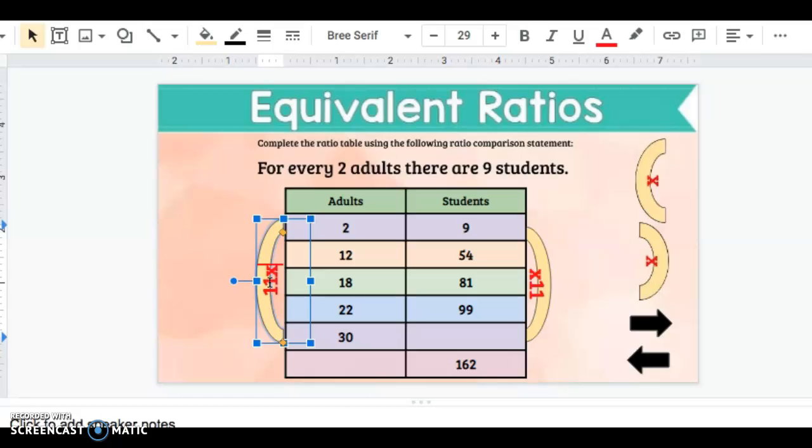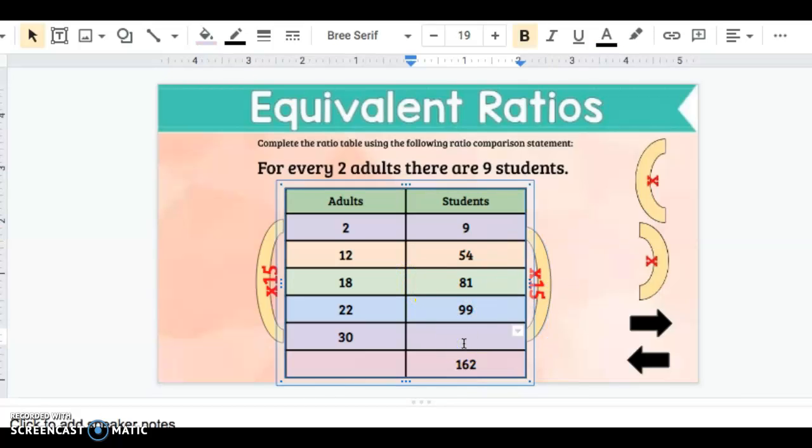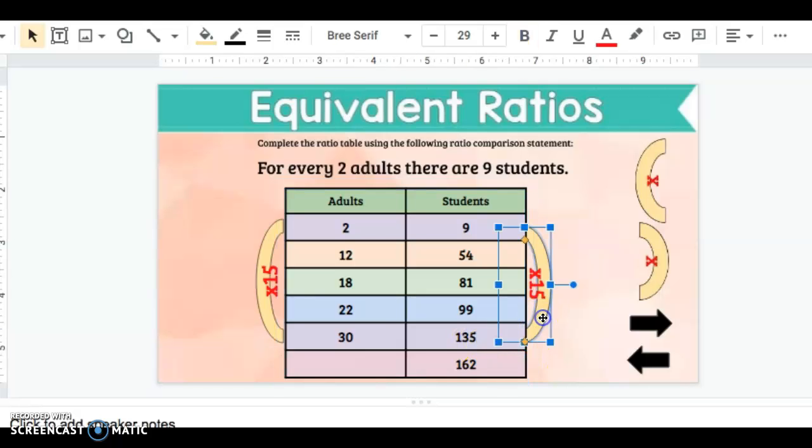And 2 times 15 is 30. So I got to do 9 times 15. So 9 times 15 is 135. Okay, so now we got to drag our noodle down.